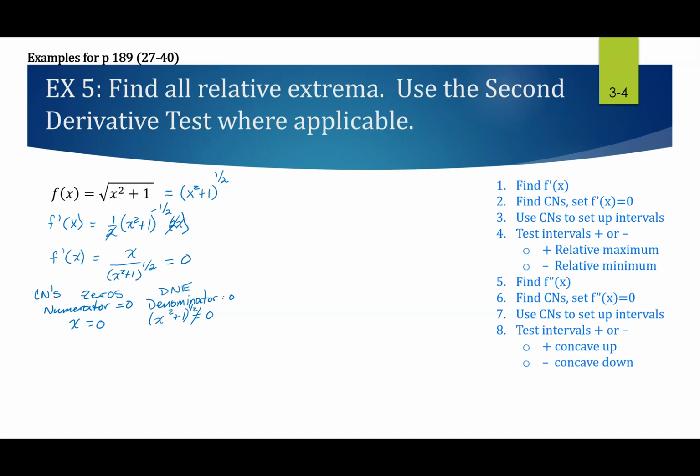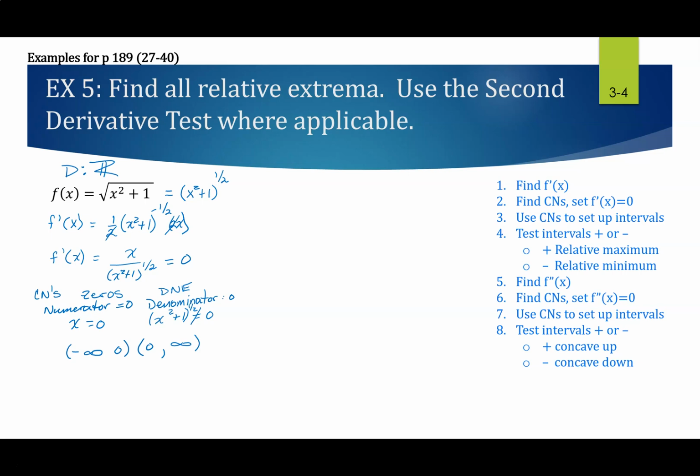And so it's always positive. It doesn't have any places where it goes undefined. And so that means my domain is all real numbers, negative infinity to infinity. So now I know how to set up my intervals. Starts at negative infinity, has something happening at 0, picks back up at 0, and then goes to positive infinity.